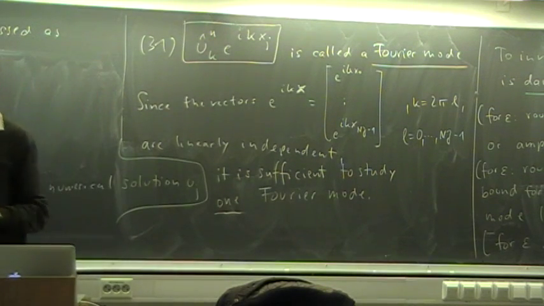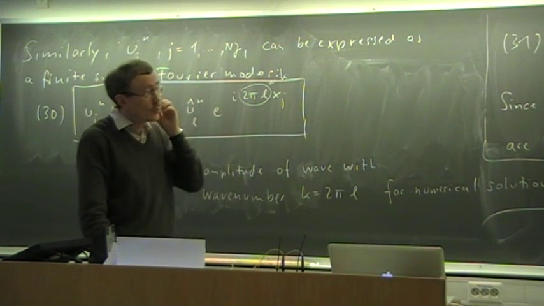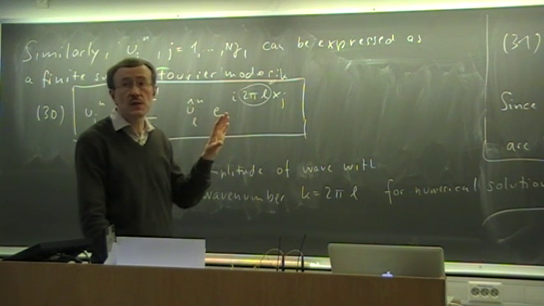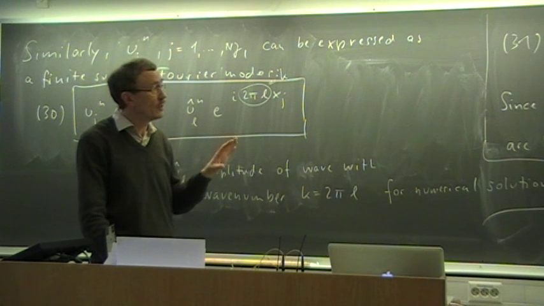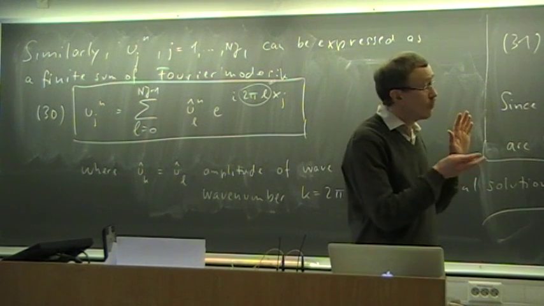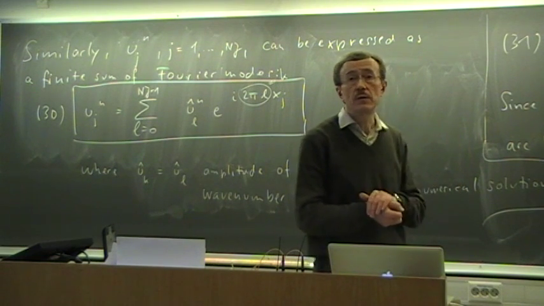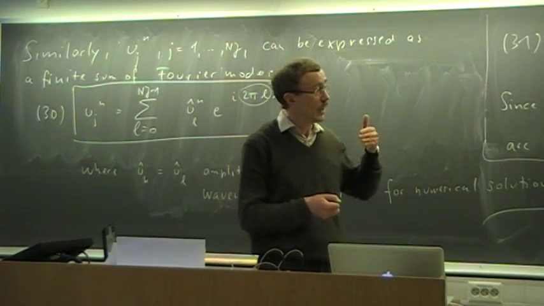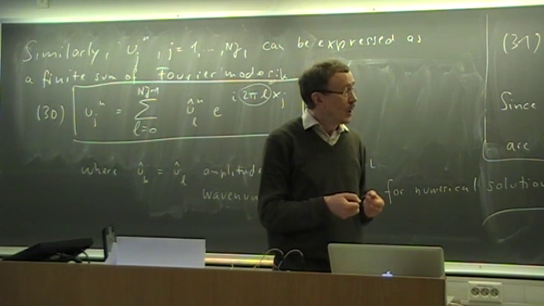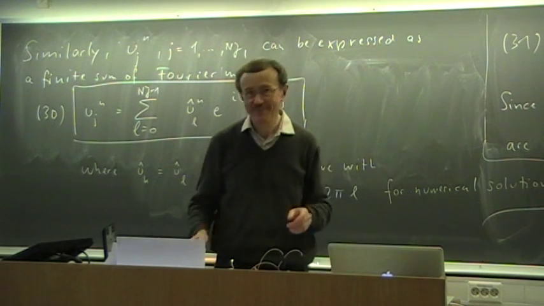Okay, so that will be what we are going to do tomorrow, and find out that from this analysis we get a very simple condition for the Fourier modes to stay bounded. And when we have that, then we know up to which bound we can go and get a stable solution. Okay, so it'll get more concrete tomorrow, I promise.